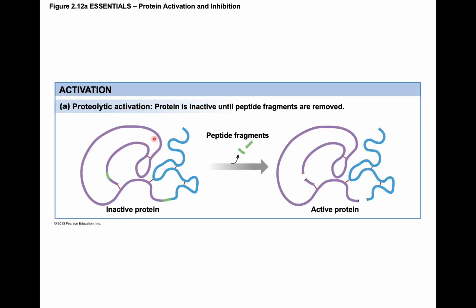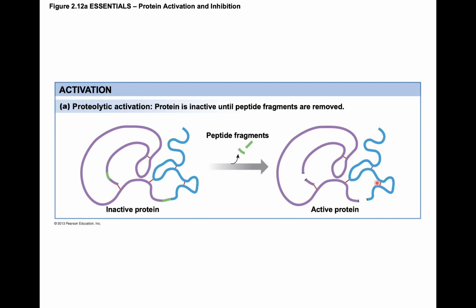Let's talk about the activators first. Proteolytic activation. Lytic means to cut something. Let's say this is our inactive protein, and these green fragments, once chopped out, creates this new structure and therefore an active protein. There's something that I need you to write down right now, and it's going to help you for the rest of this class.